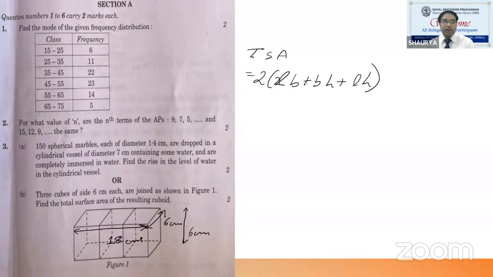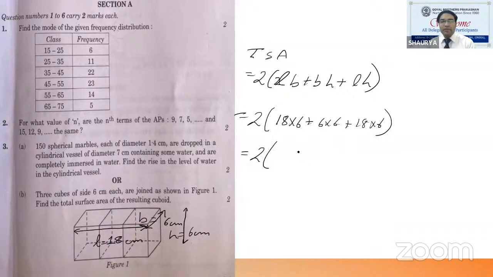So we have all the values of L, B, and h. We can simply substitute in the values. It's 2 times of 18 into 6 plus 6 into 6 plus 18 into 6, right?